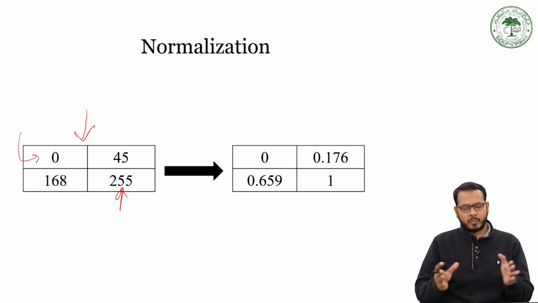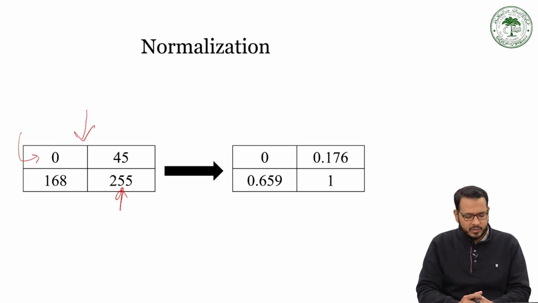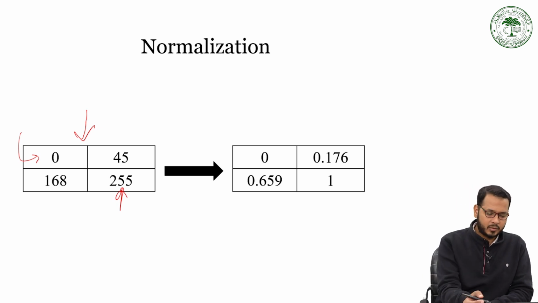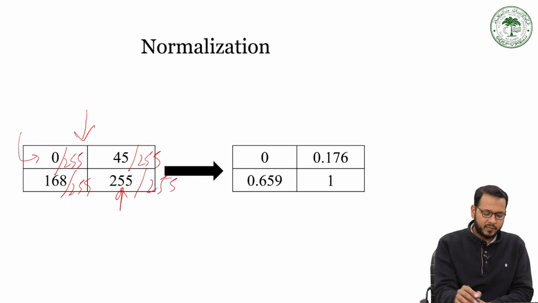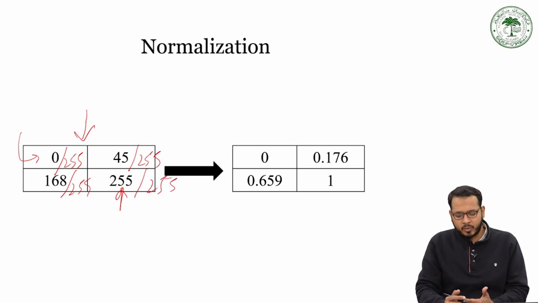Now if we want to normalize that, what we usually do is we divide all these pixel values by the maximum value possible, which is 255. This operation is very common. So when we apply normalization and divide each one of them by 255, we get these normalized values.